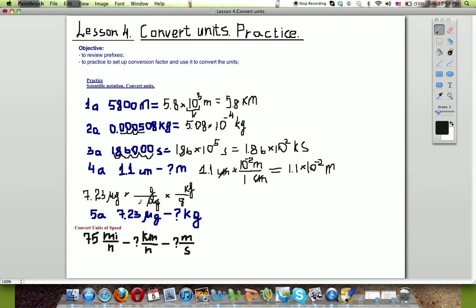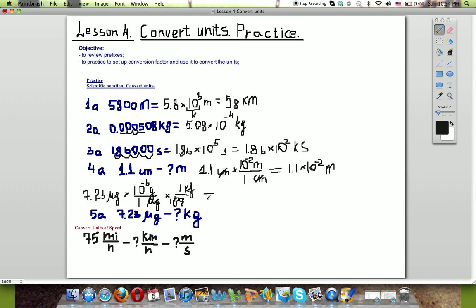So now I need to make equal numbers. So 1 microgram, and remember we don't use a power of 10 next to the prefix. So I put 1 next to the prefix, and micro means 10 to the negative 6. Okay, and now 1 kilogram is 10 to the positive 3 grams.